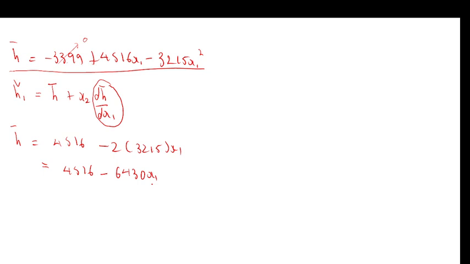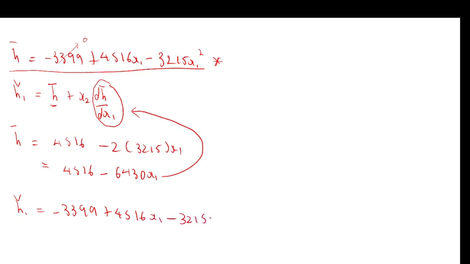Now I'm going to fit this into the expression. So h1 partial molar is going to be equal to h bar, which is the expression up here, minus 3399 plus 4516 x1 minus 3215 x1 squared, plus x2 times dh/dx1.